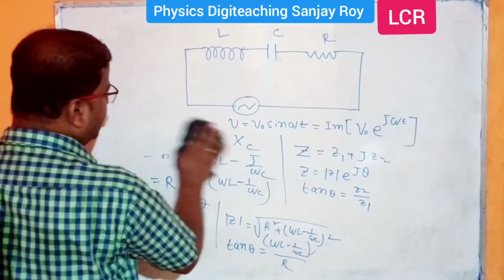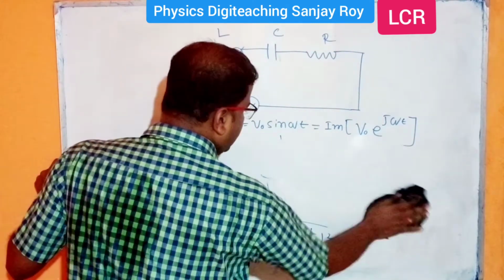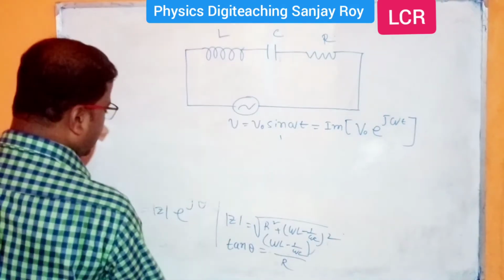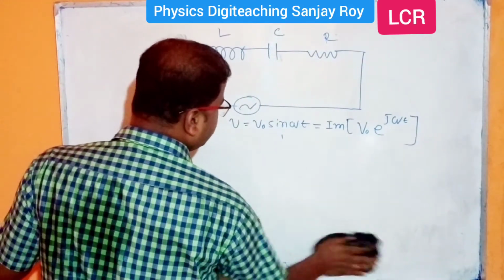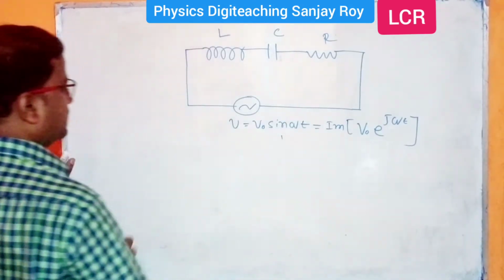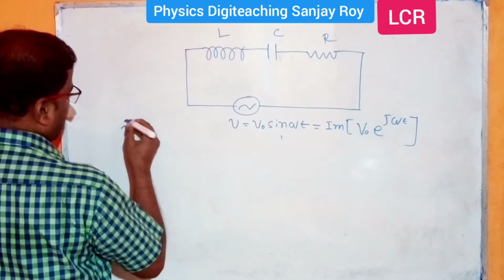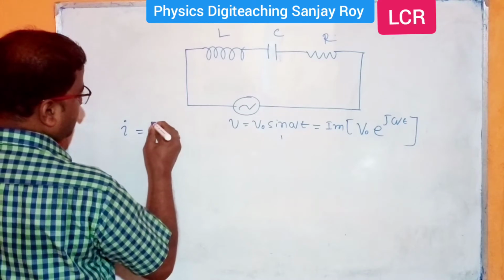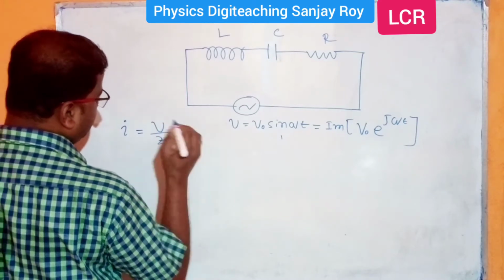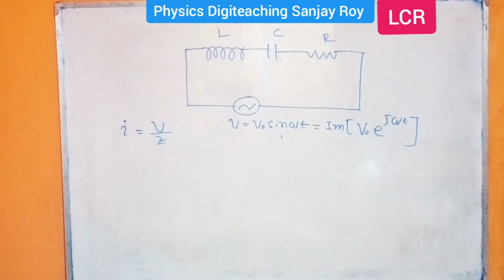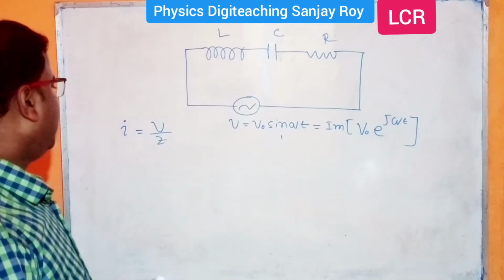Now we calculate the instantaneous value of AC current. AC current I equal to V by Z. Here also Ohm's law is valid.